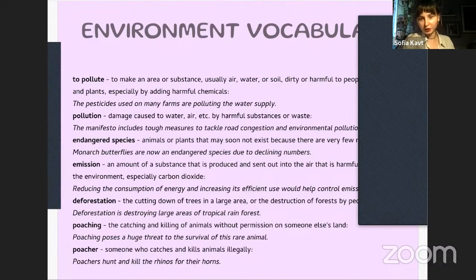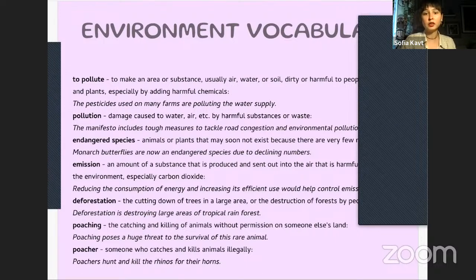So the first one is to pollute, and pollution, which shares the same root, the same stem. To pollute means to make an area or some substance such as air, water, or soil dirty.